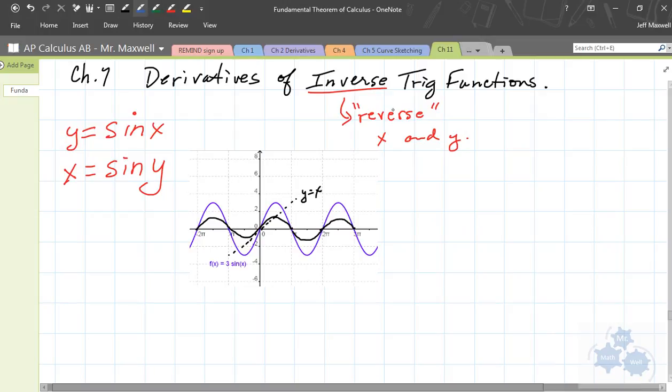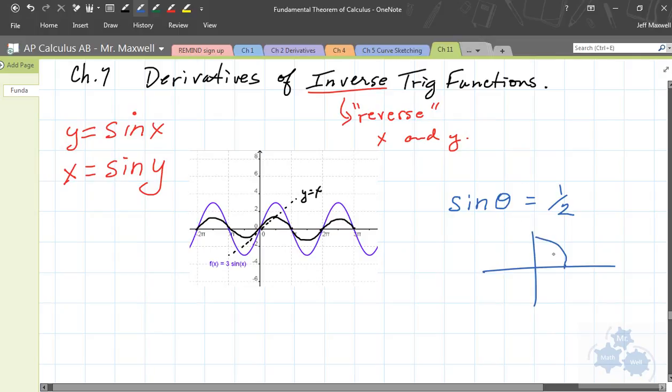Well, if I take you over here, think of sine of some angle theta equals, let's say, 1/2. Okay, sine of theta equals 1/2. I could think of my unit circle, and exactly 1/2 would bring me to a point up there in the unit circle, right? And so we've got 1/2, and what's this other point going to be? Is it √3/2? Okay. Remember, cosine is first and sine is second.